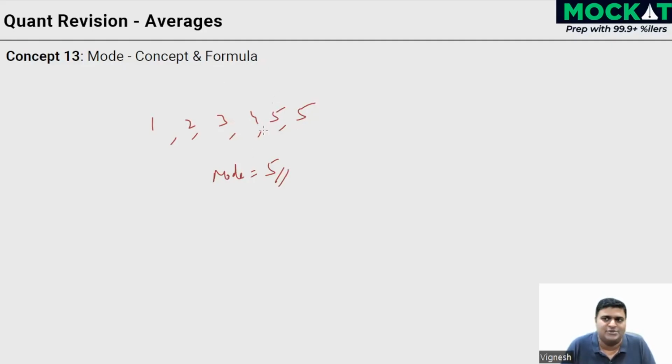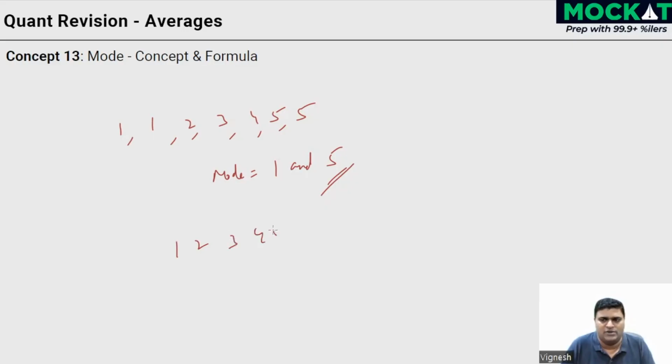Mode tells me what has come the most number of times. So what if 1 also came twice? Then the mode in this case is going to be 1 and 5. Mode is the only measure of central tendency across the three where we can have more than one value. For median, there's only one value. For mean, there's only one value. For mode alone, we can have more than one.